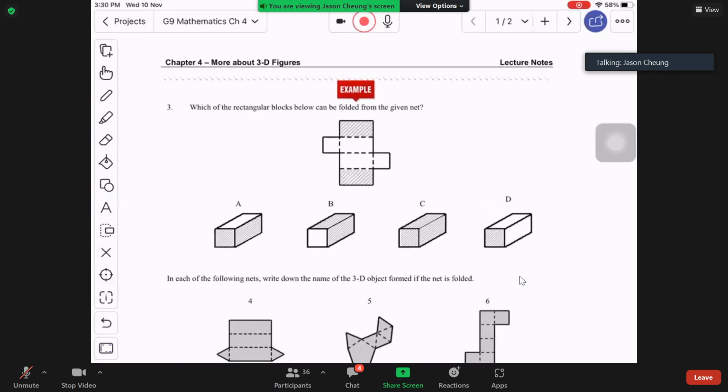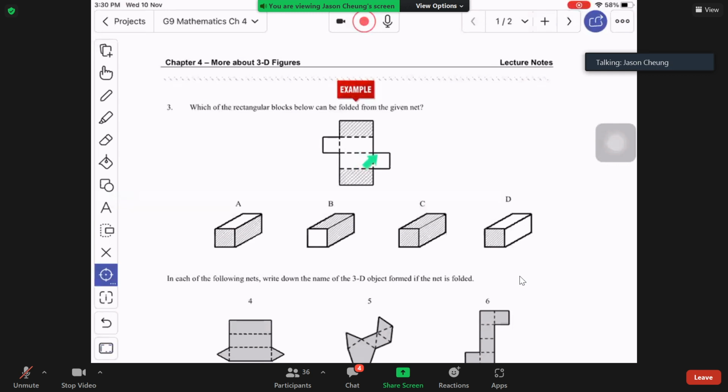Here, for page 5, example 3, we have a net here, and then we are going to go back to the solid. 我哋諗翻佢變成 solid 會變成咩樣呢？ So here, first of all, we can try to think of it like this. So here, apparently, it is a pyramid, right? So it is not a pyramid. Sorry, it is a prism.